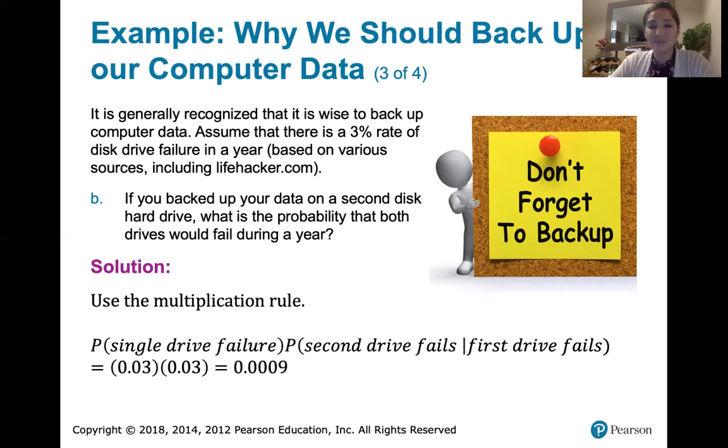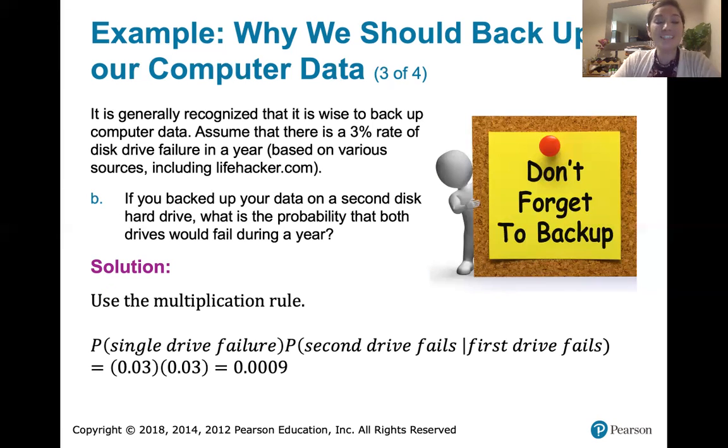That's 0.0009. I don't know if you know how small that is. We were talking about 3% before, a 3% rate of failure if it's just your computer, and that's an assumption based on some data that can be found online. But suddenly, if you've got a second drive, the rate of failure is no longer 3%, it's 0.09%.